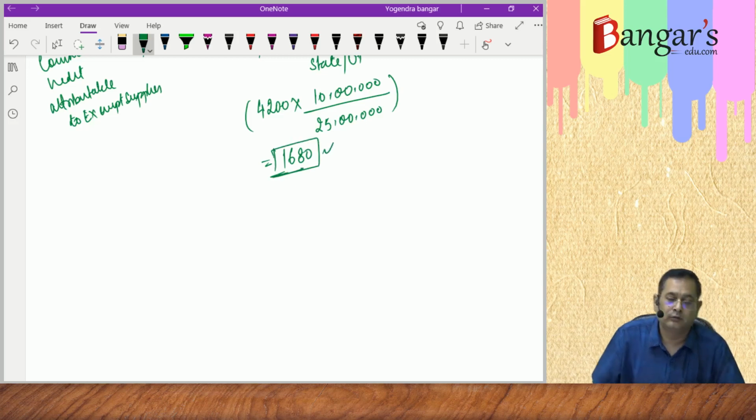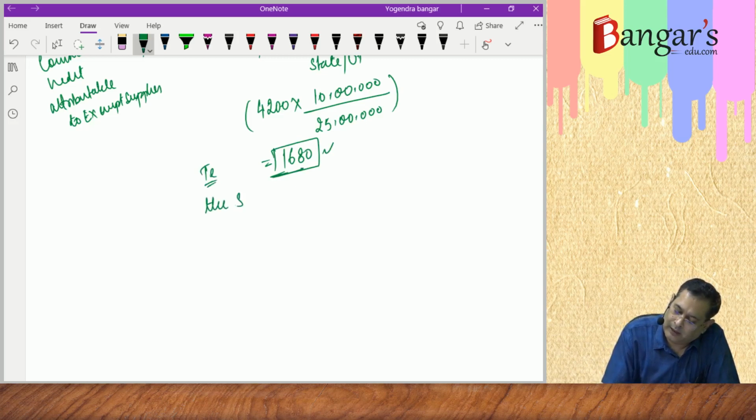This much amount, TE, will be added to the output tax liability.